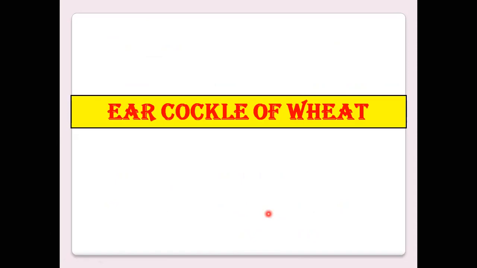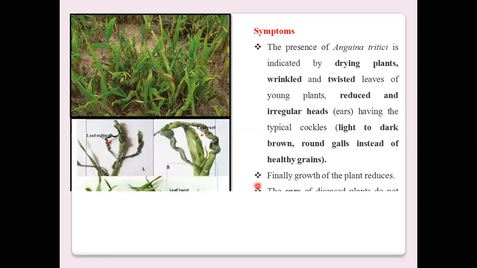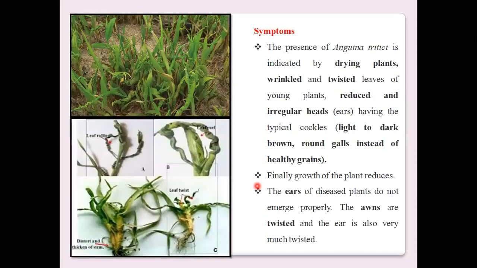Okay, then the last disease of today's lecture, that is ear cockle of the wheat. This ear cockle disease is generally seen in the wheat crop due to nematodes, not due to fungi or bacteria. So nematodes are pathogens that infect the crops and produce the symptoms.